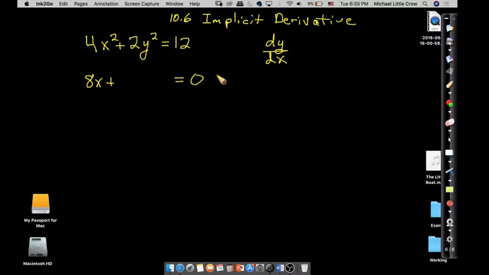But now what do we do when we want to take the derivative of y? The dy over dx. Good. So we just treat it like it was an x. What do our derivative rules say would happen with this? This should become 4y.